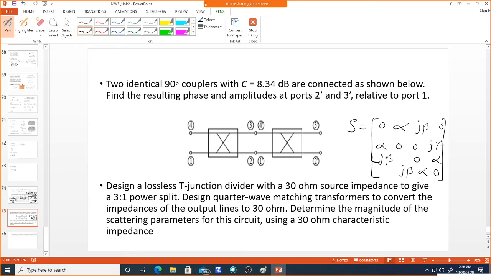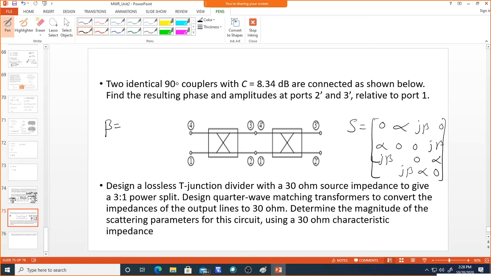Now, what is beta which is given? Beta is nothing but your coupled power, that is your coupling factor, and you need to take the absolute value.